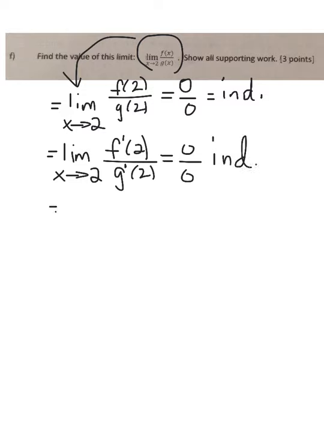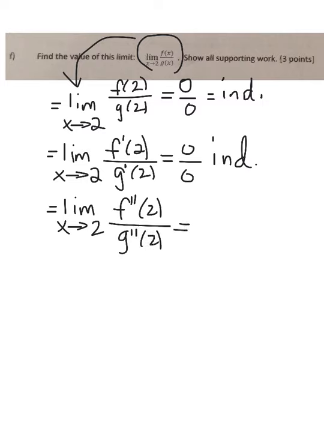Well, L'Hopital's rule just says, hey, guess what? Just keep going. So now what we're going to do is we're going to do f double prime of 2 and g double prime of 2. Okay, so the only thing that you have to be a little careful of is when you're doing double prime of 2, you have an f prime picture.